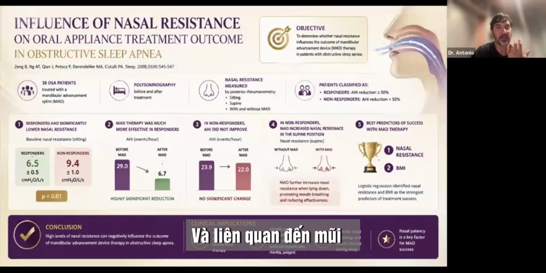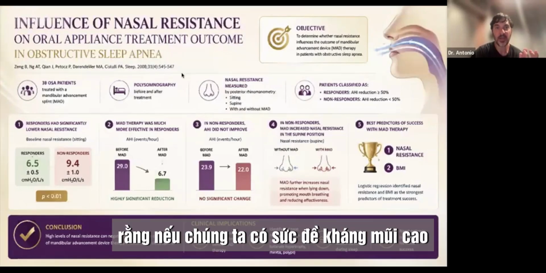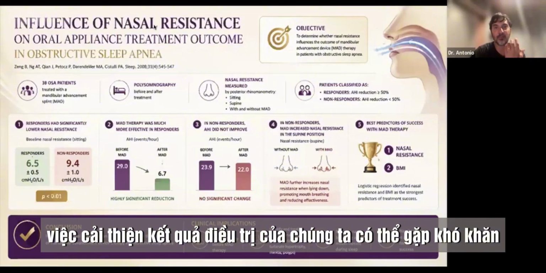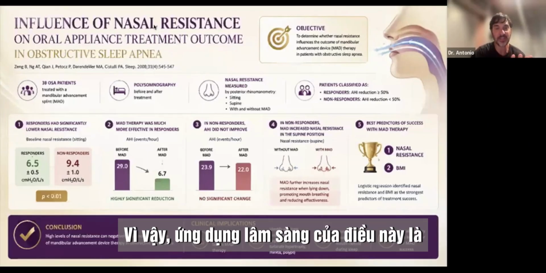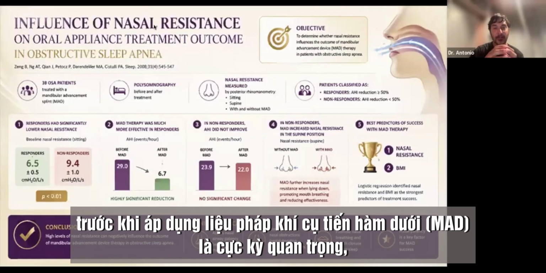And concerning the nose, we know from the literature that if we have a high nasal resistance, the improvement from our treatment can be difficult. So the clinical implication of this is that assessing nasal airway patency before MAD therapy is crucial.